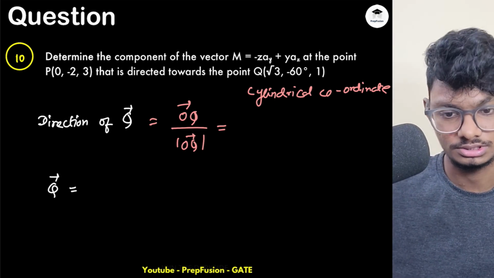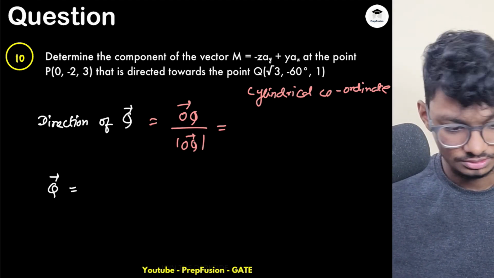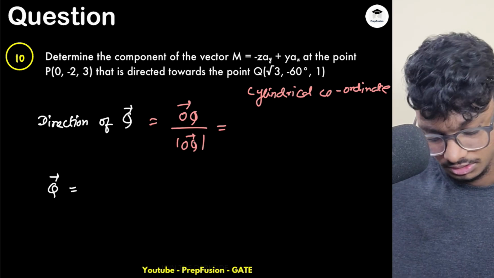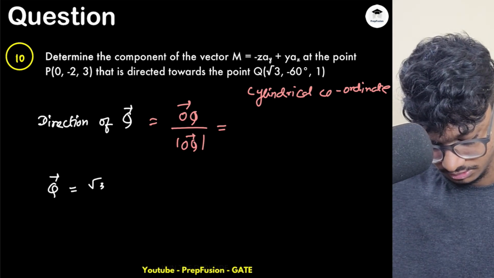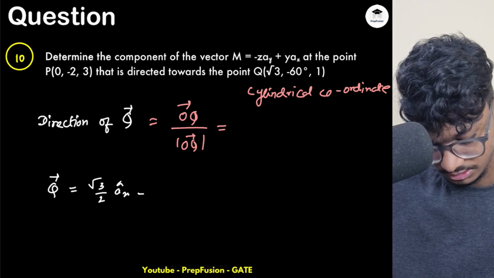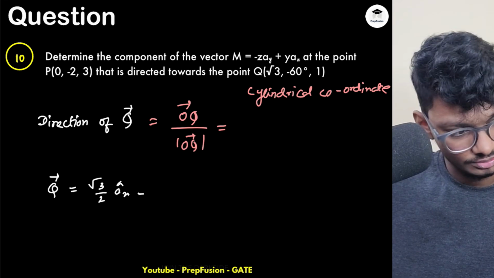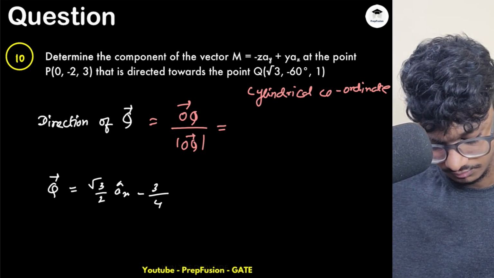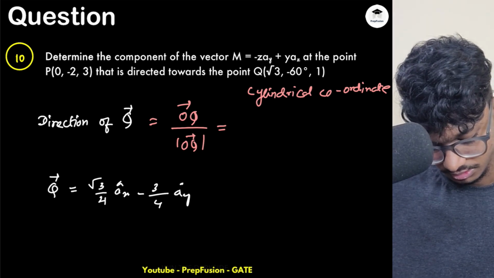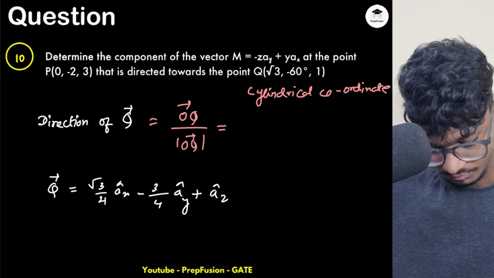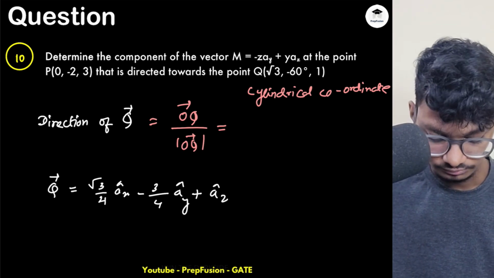Cos 60 is, sorry, 1 by 2. So this will be root 3 by 2 ax cap, and this will be minus root 3 into 3 by 2, so this will be 3 by 4 actually, ay cap, plus z is z itself, az cap. Okay, this is what I get.